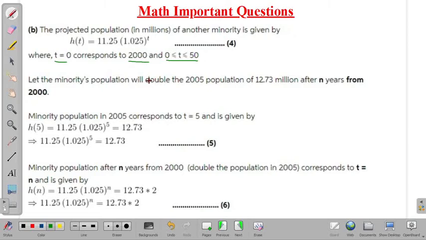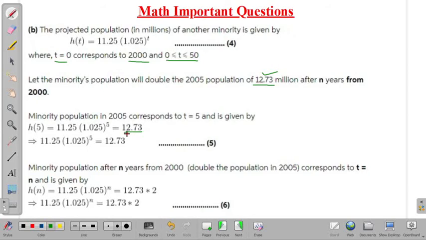Here also we need to find in which year the population will be double that of the 2005 population, and the 2005 population is given as 12.73. We can find the population in the year 2005 by substituting t = 5 in equation 4.